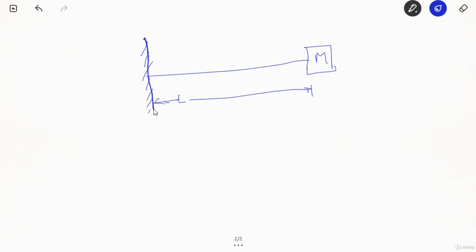Now, in strength of materials, we read that when a load mg acts at the free end of a cantilever, the deflection of this cantilever beam is given by load times L cube divided by 3EI, right? Where E is the Young's modulus, as we all know, and I is the area moment of inertia of that beam's cross section, right?